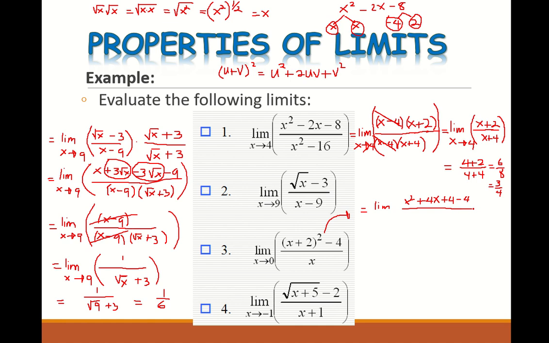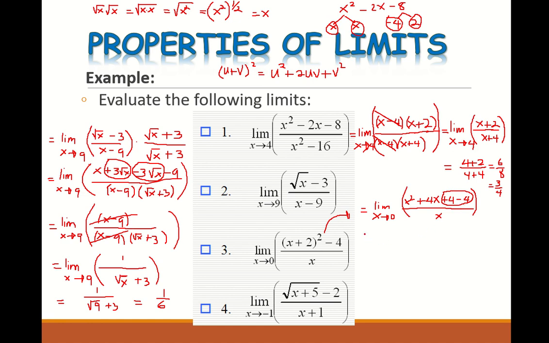And then the denominator is x. Because we cannot substitute when x approaches 0, what will happen if you do the direct substitution? That will make the expression undefined. That's why we try to do something at the numerator. Now if you combine similar terms, we have positive 4 and negative 4, which is 0.